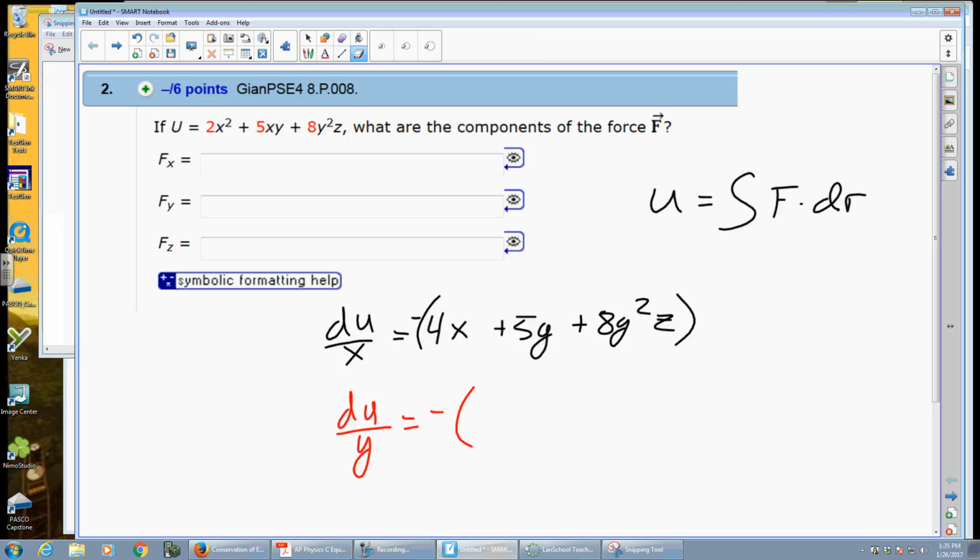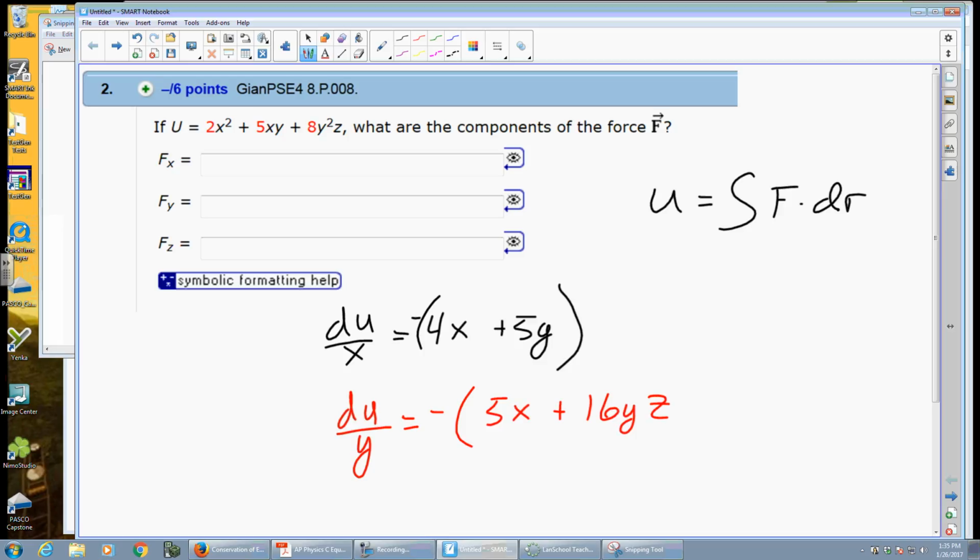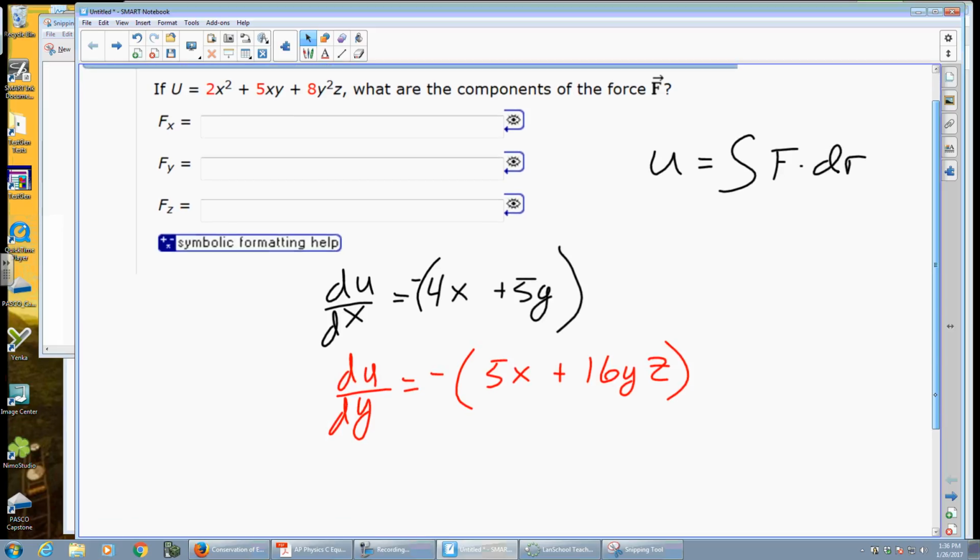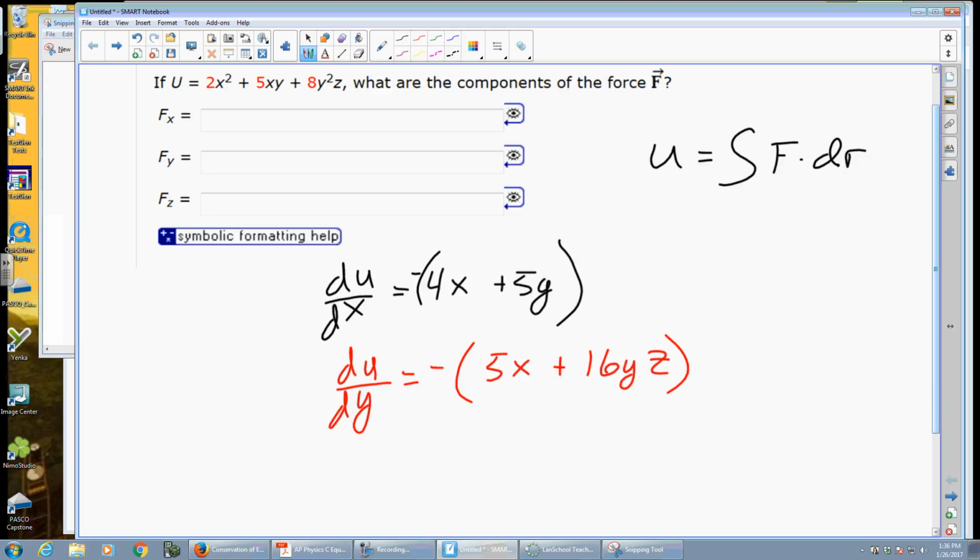Oh, wait a minute. That shouldn't be in there. Why is there a negative?